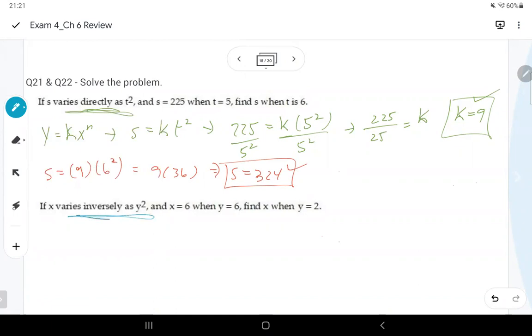Next one is varies inversely. So we would be dealing with y equals k over x to the n. Here our y's actually swap with our x's.